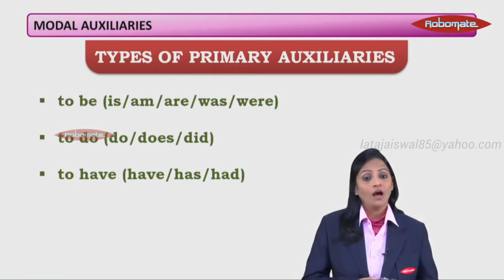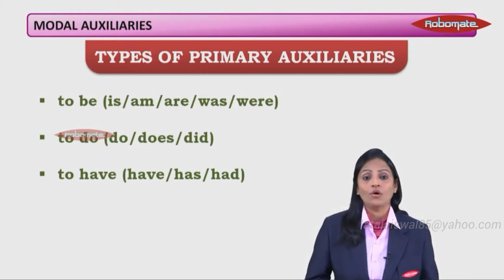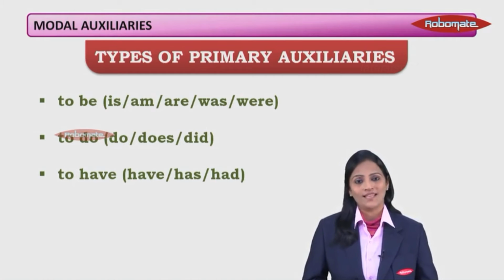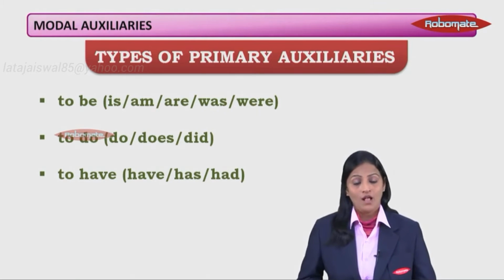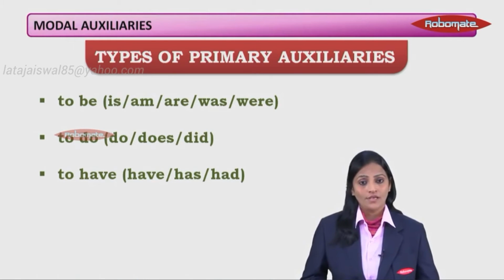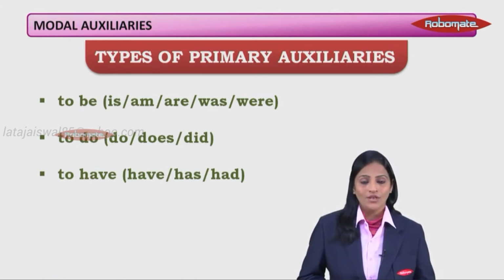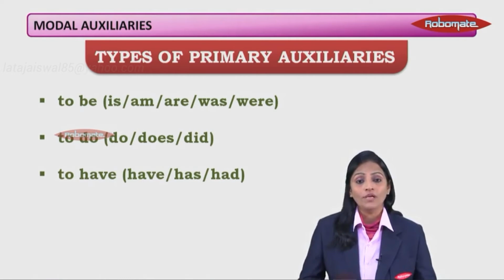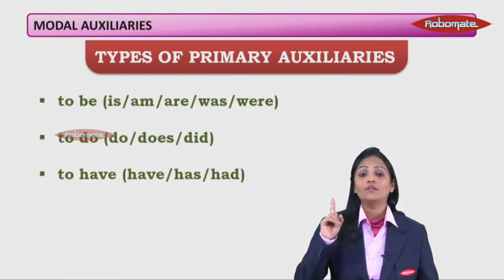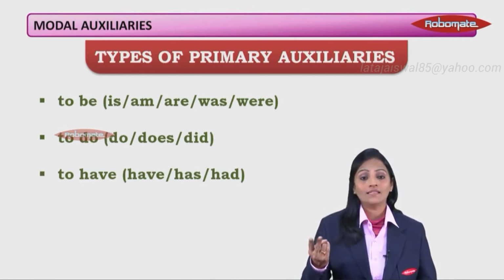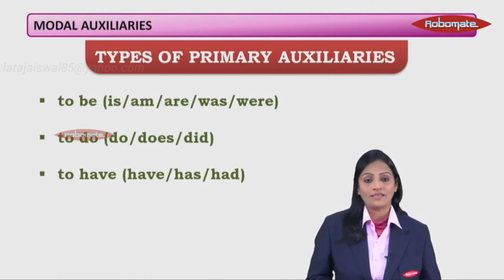A to be form is used in order to create a continuous tense: is writing, are playing, or even a passive voice: he was killed. So, we use the to be form in two cases: one as an auxiliary in order to create tenses, and the second one in order to create the passive voice.